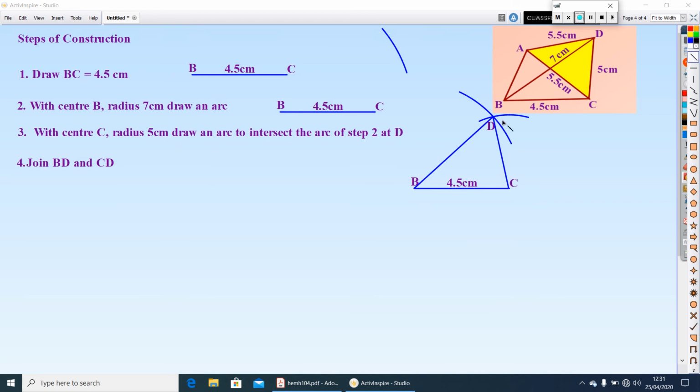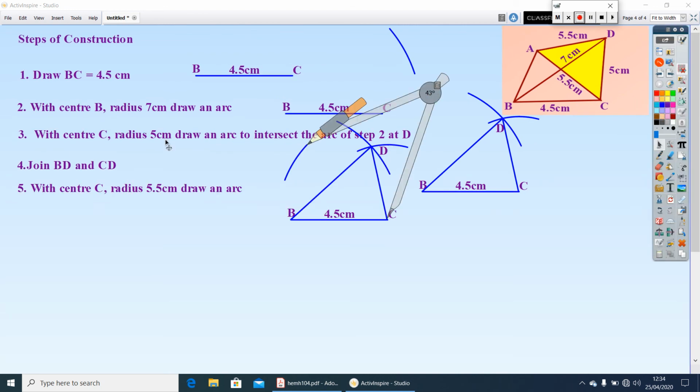Join BD and CD. Now we have to get A. For that, with center C, radius 5.5 centimeter, draw an arc.